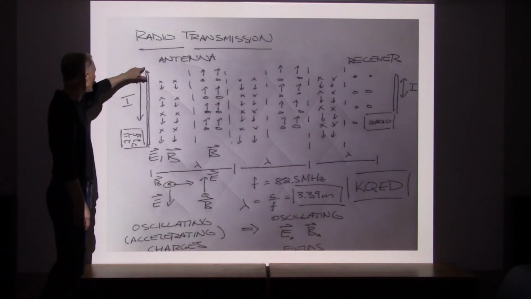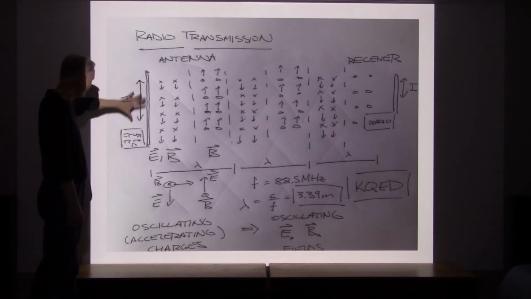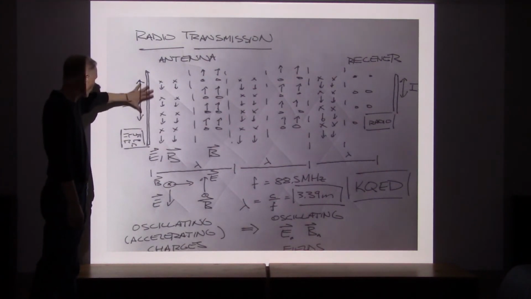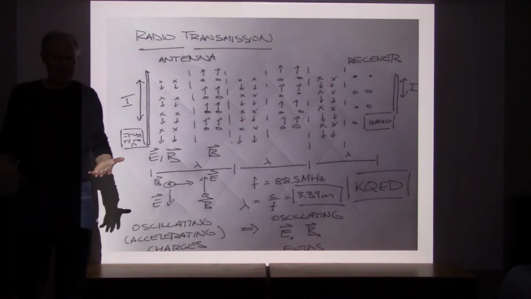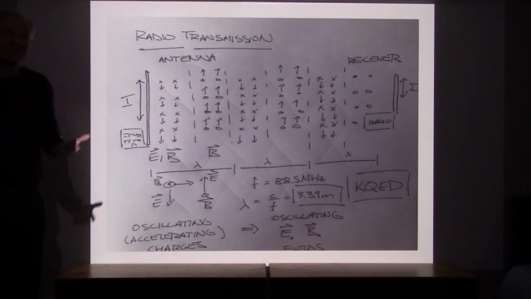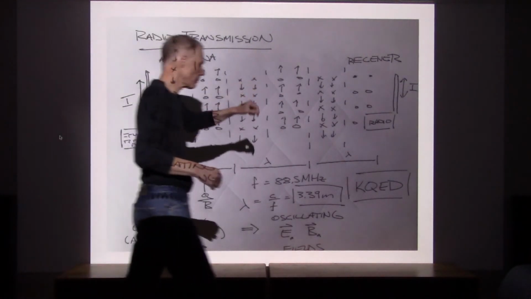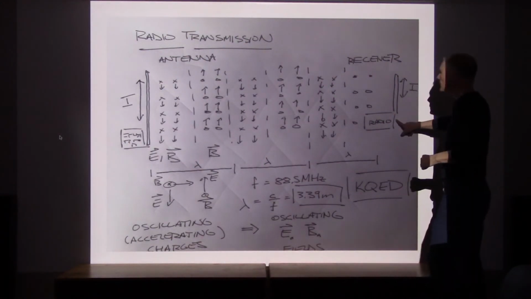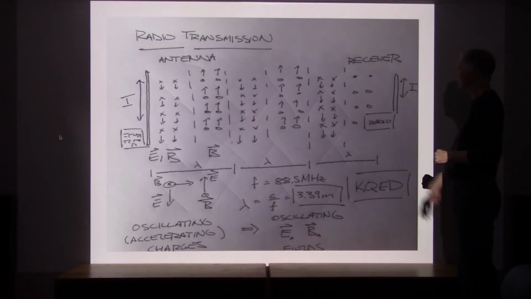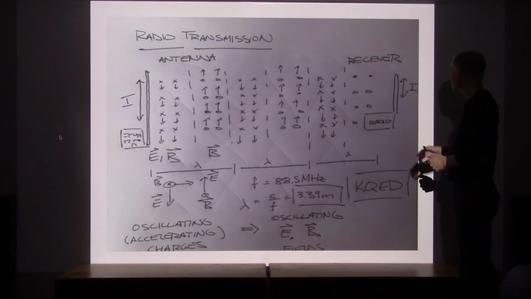So here is this broadcast antenna, and we're oscillating current back and forth, and it's not a perfectly uniform sine or cosine function because we have to transmit information. So for a radio station to broadcast a signal, we have to have some way to vary the signal so that when the radio picks it up, and here's somebody out on Ocean Beach picking up the KQED signal, or someone at home right now listening to KQED.